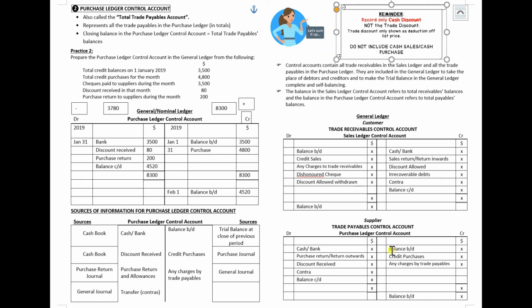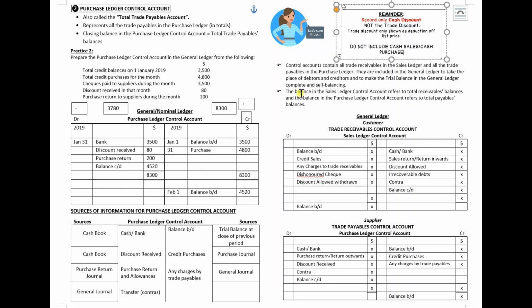Okay, so the control account contains all the trade receivables in the sales ledger, and all the trade payables in the purchase ledger, in total. So they are included in the general ledger to take the place of the debtors and creditors, because these are already moved to the subsidiary ledger, and to make the trial balance in the general ledger complete and self-balancing.